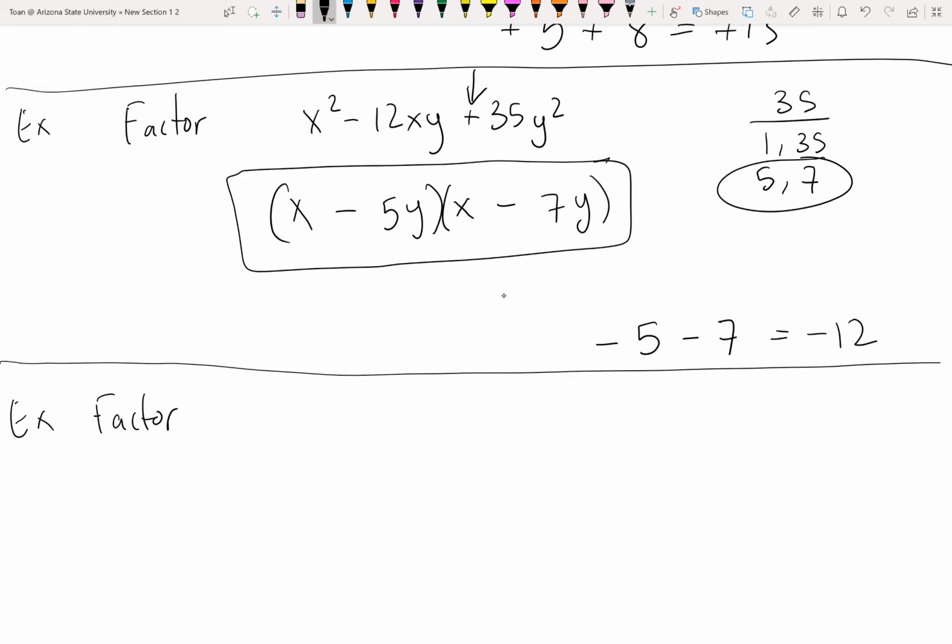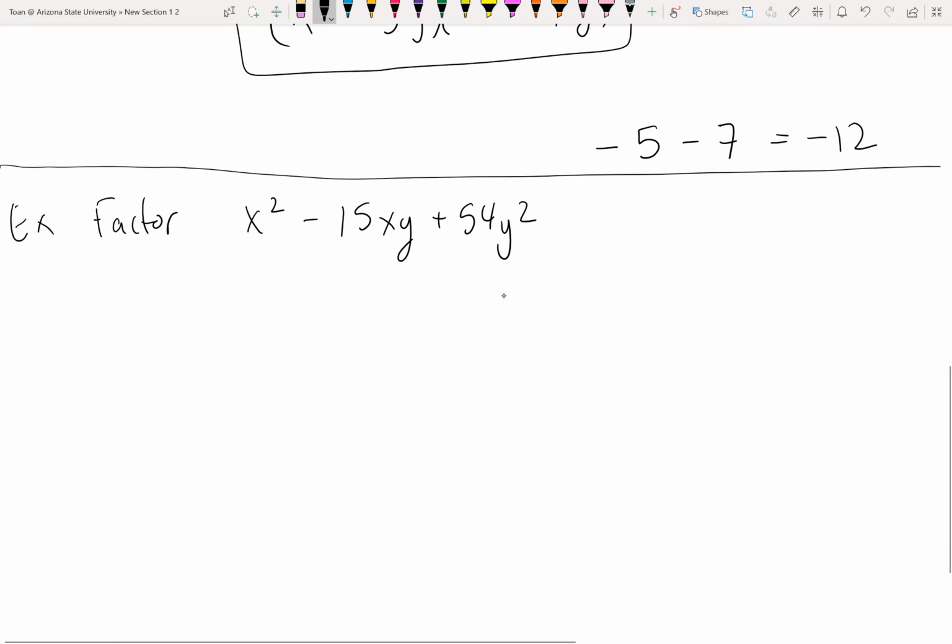Let's try this one. Factor x squared minus 15xy plus 54y squared. First thing we should notice is that we can actually factor it like a quadratic, because if you focus on just the x's, we have x, x, no x's, so it is the quadratic form.